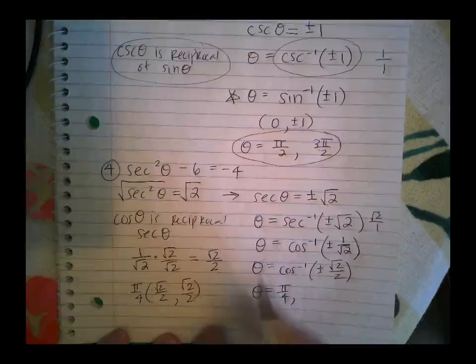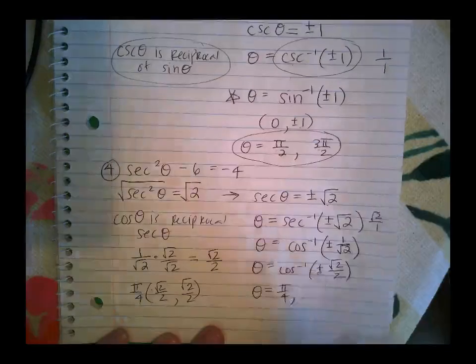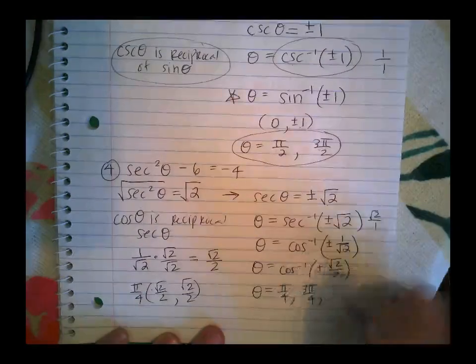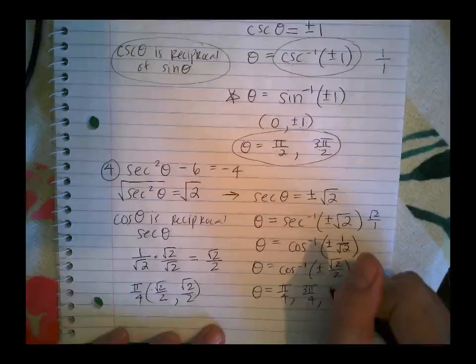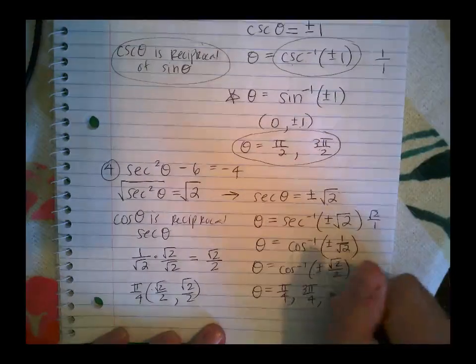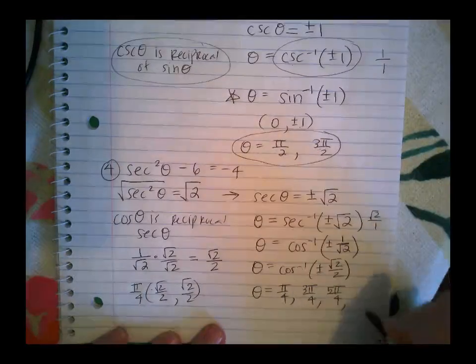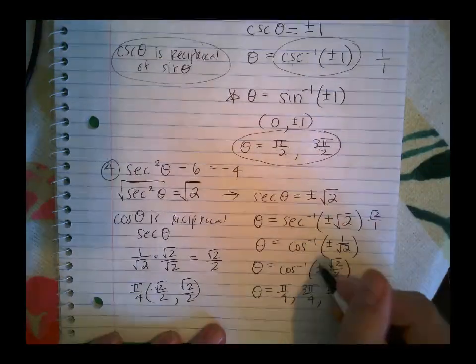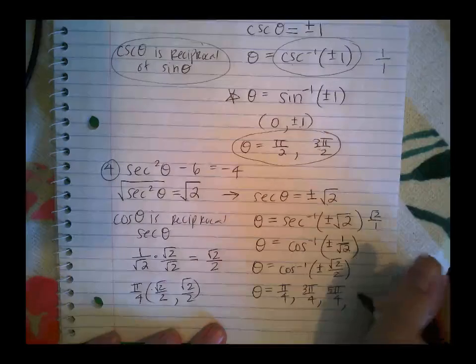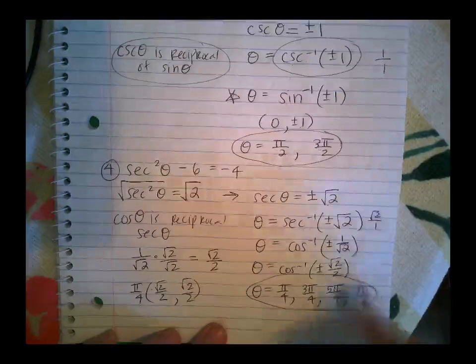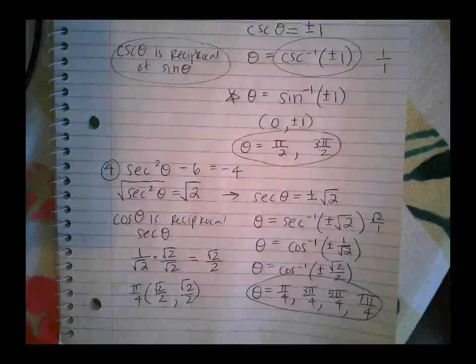In quadrant 2, it's a negative square root of 2 over 2, and I'm okay, I can have a negative, so it's 3 pi over 4. Quadrant 3 is also negative, so that's going to work. We've got 5 pi over 4. And then finally, we can move all the way into quadrant 4 where it's positive again. So we have 7 pi over 4. And here are our answers.